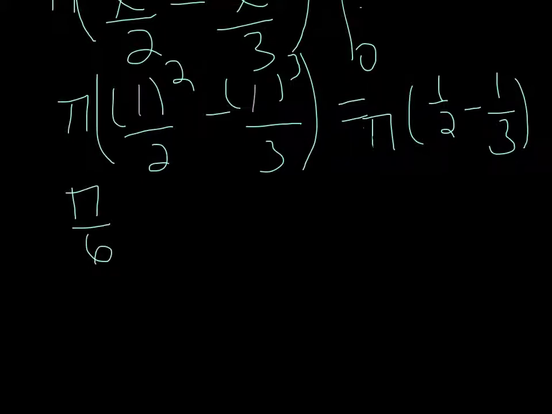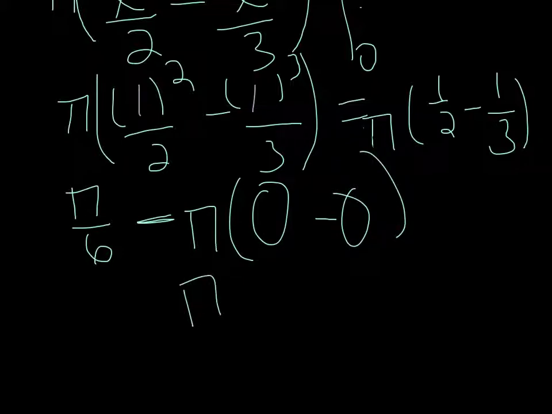Now you have to subtract that from what you get when you plug in a 0 for everything. So we'd have pi times 0 squared divided by 2, which is 0, and 0 to the third divided by 3 is also 0, so the answer is just pi over 6.